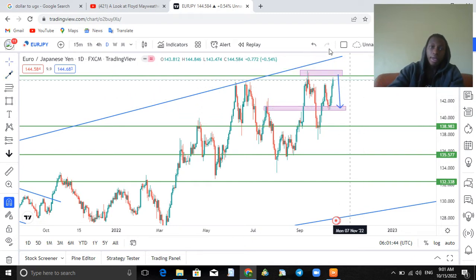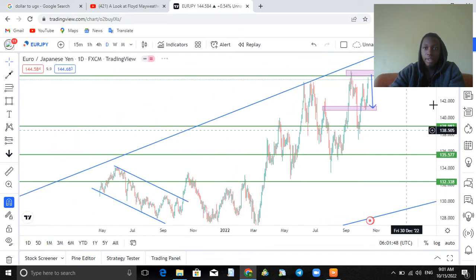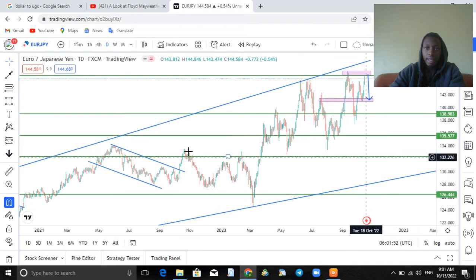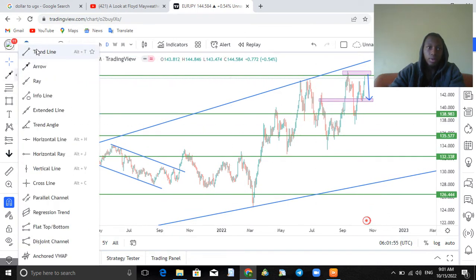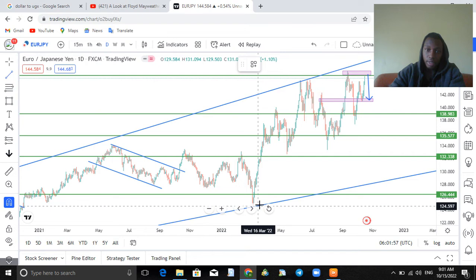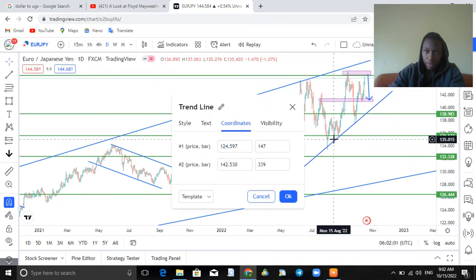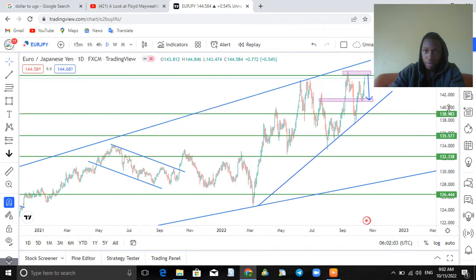Why? On this support level, we can see we have a lot of weak rejection, which means there are always a lot of orders on this key level. Now when you try connecting this support level, support trend line, and this support trend line of ours, let me try connecting this support trend line.